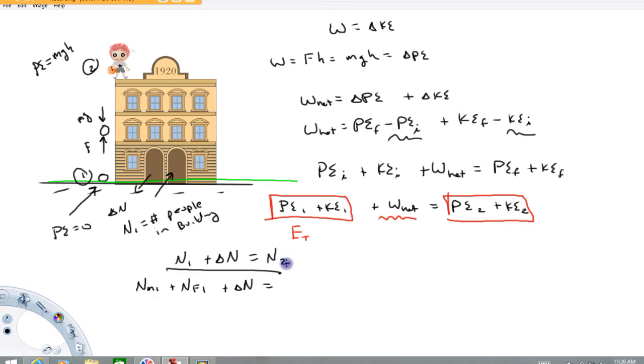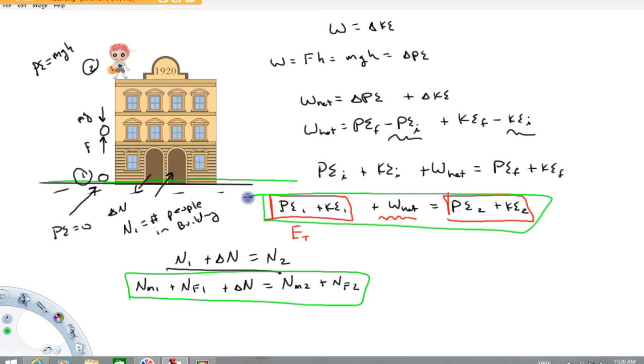That would equal my new total number, which if I wanted to, I could break down into detail: number of males at my new state plus number of females in my new state. You'll notice that this equation has this pretty much exact form. That's all the work energy theorem is saying.